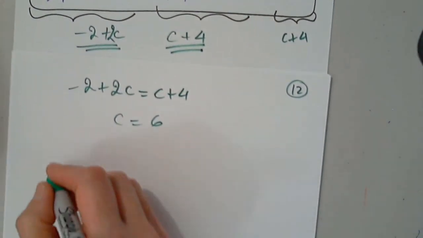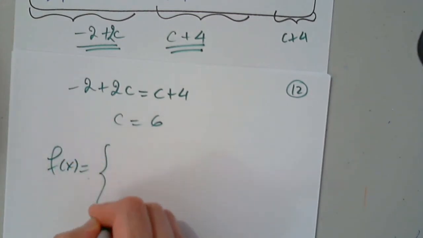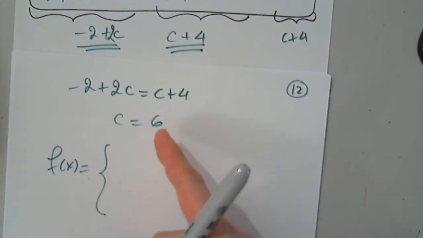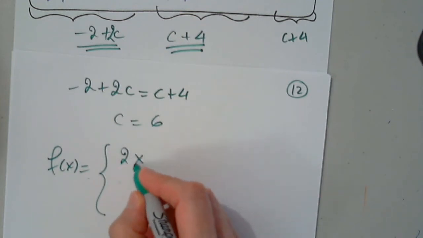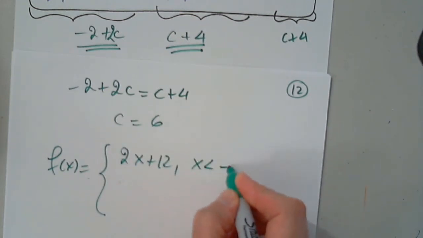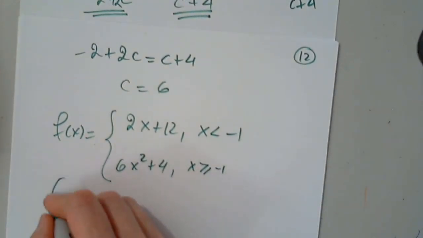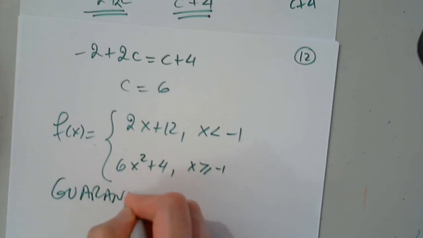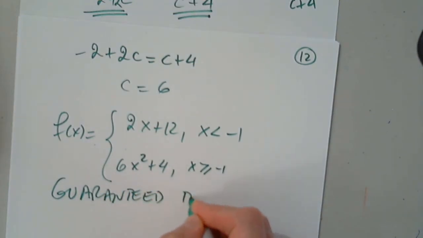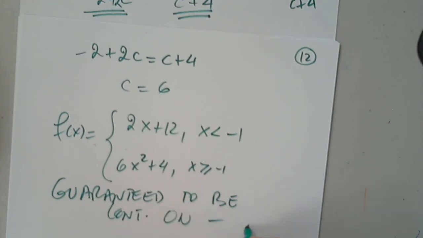So then my function, the only function, for only one value, just for 6, is 2x plus 12 for x less than -1, and 6x squared plus 4 for x greater than -1, guaranteed to be continuous on everything, everywhere.